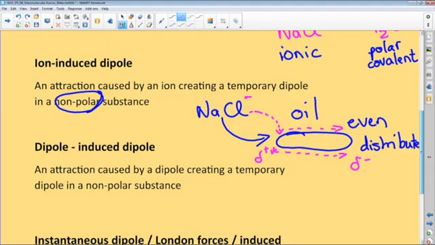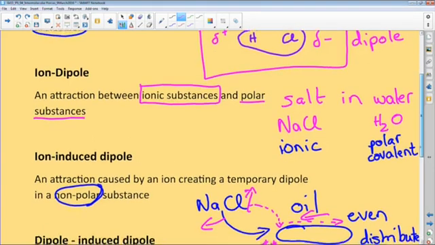But that's only for the split second that these two are anywhere near the oil. As soon as they move away, all of this comes back and it goes back to being neutral. It's instantaneous and it doesn't last very long. It is temporary.